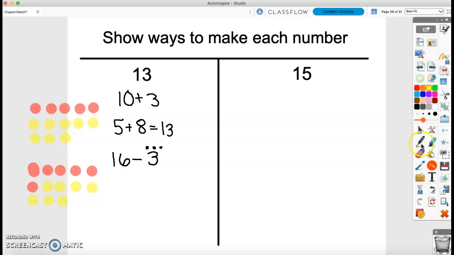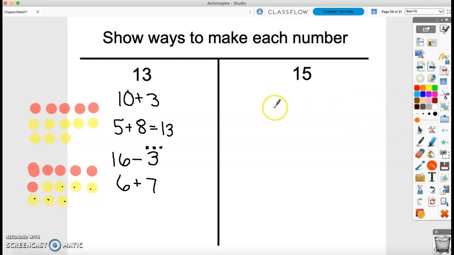So let's see how many I have. I have 6 red plus 1, 2, 3, 4, 5, 6, 7. 7 yellow equals 13. All right, let's try some 15.